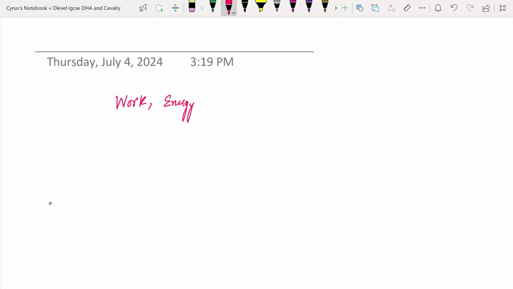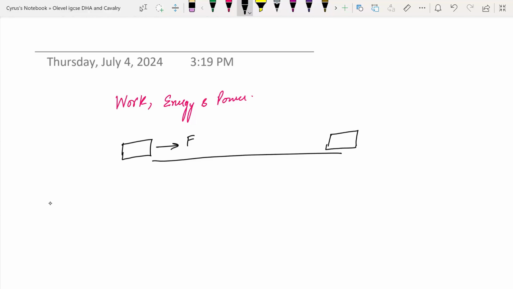energy, and power, right? You should know that, for example, you have an object here. This is an object, and you apply a force F, right? And as a result of this force, this object moves a certain displacement, which we call S. This is the displacement that we have, right? So this displacement is basically what?